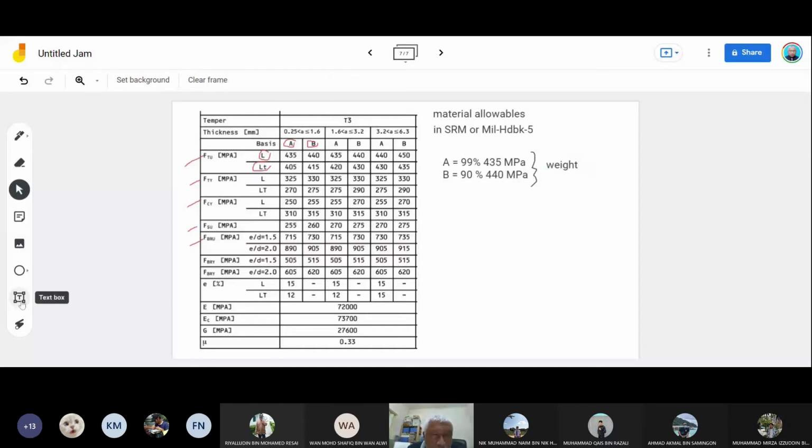So here is FTU. Okay. That's why we are concerned about this. Okay, I pause. Any questions?